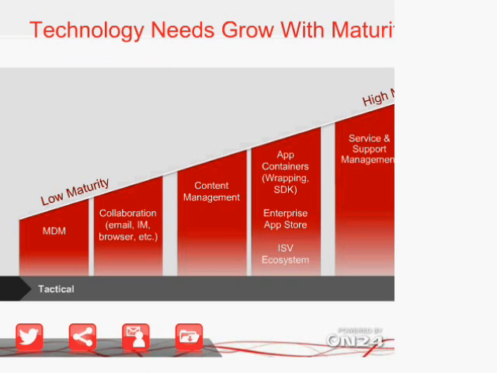And so it's no longer about just taking an off-the-shelf piece of software and rolling it out and solving everybody's problem, but rather thinking through the technologies that are needed to really deploy mobility enterprise-wide.